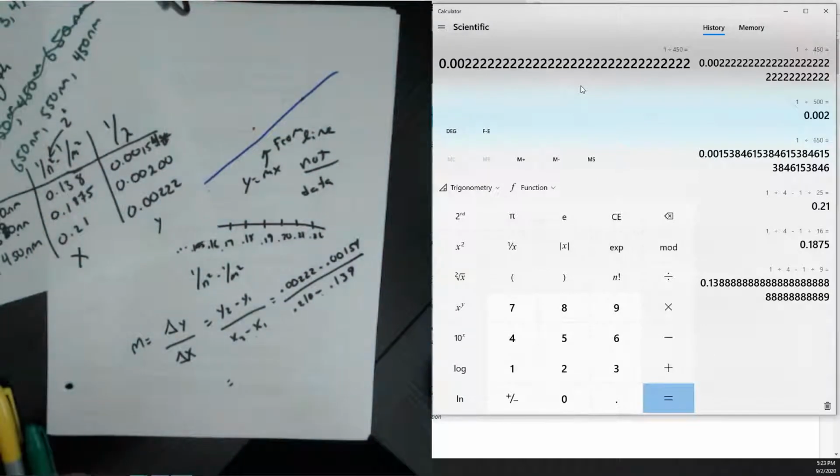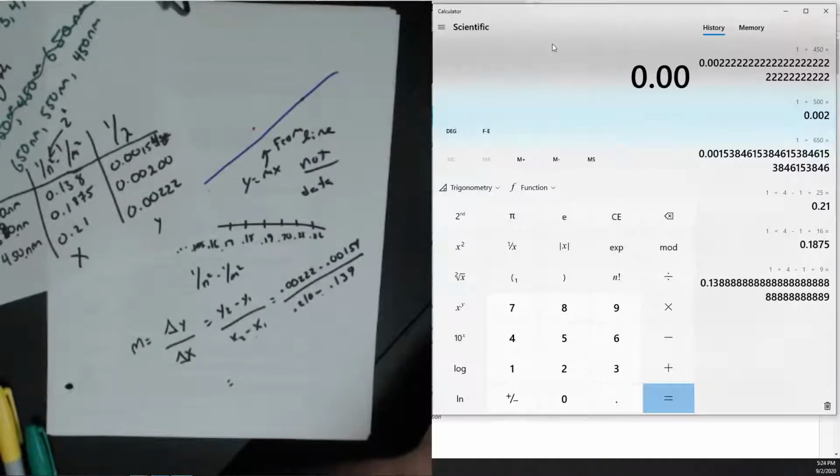Okay. So we plug those numbers into our calculator. Oops, what did I do? I just did something. All right, so 0.00222 minus 0.00154 divided by 0.21 minus 0.13, that.